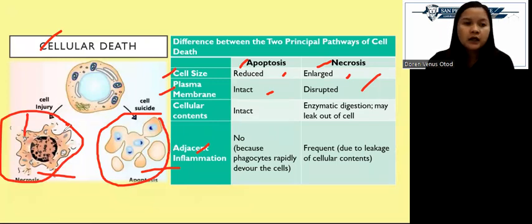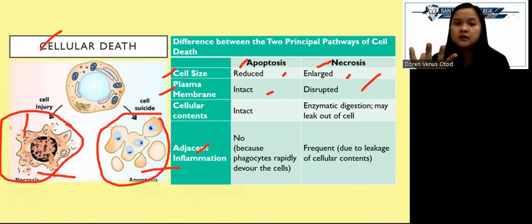While in necrosis, there is frequent adjacent inflammation because of the leakage of the cellular contents. Remember, the manner of death of a necrosis is that the cell will tend to burst out, thus leading to leakage of cellular contents.